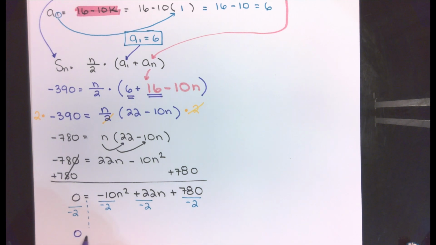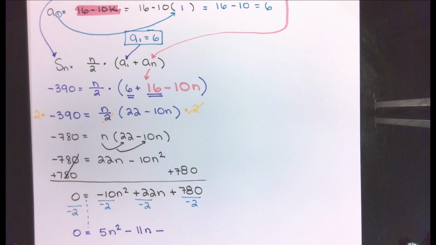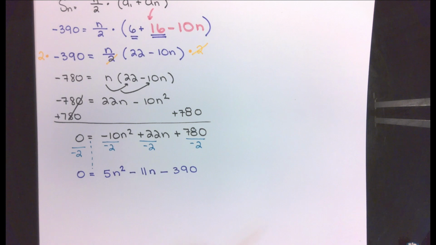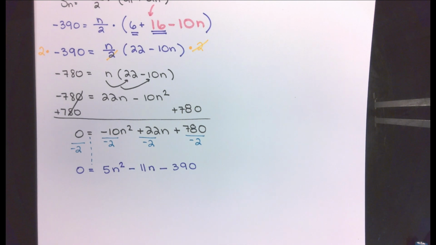So we get 0 is equal to 5n squared minus 11n, and negative 780 divided by negative 2 is 390. Once again, we are left doing a rainbow method because our leading coefficient is not 1.